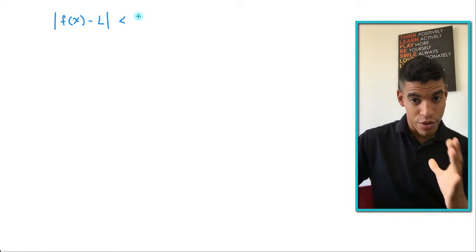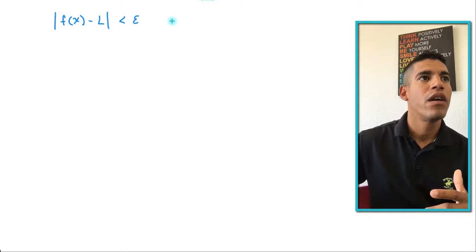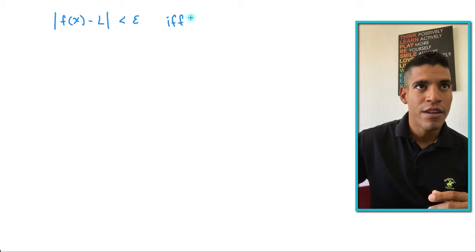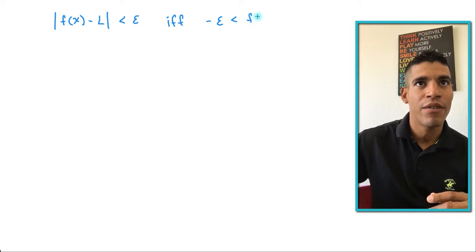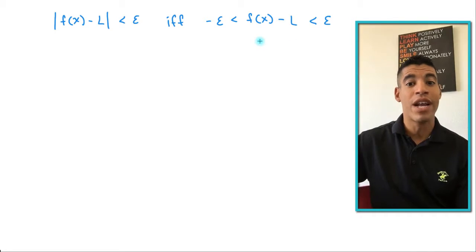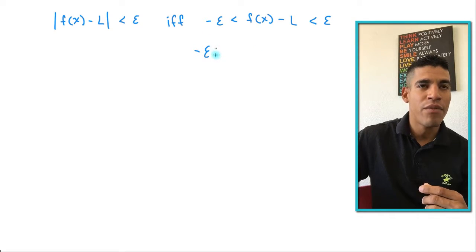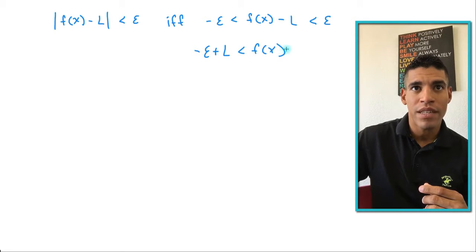Again, we use the property of absolute value: if and only if minus epsilon is less than f of x minus L, which is less than epsilon. We're going to do something very similar to the one before and isolate f of x. So minus epsilon plus L is less than f of x, which is less than epsilon plus L.